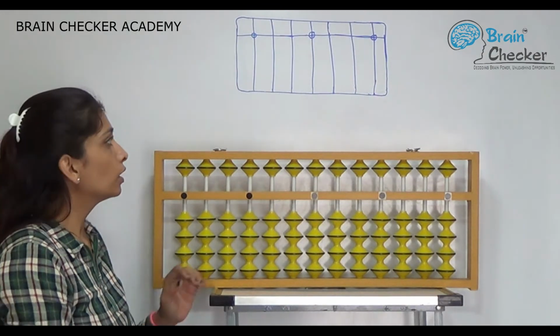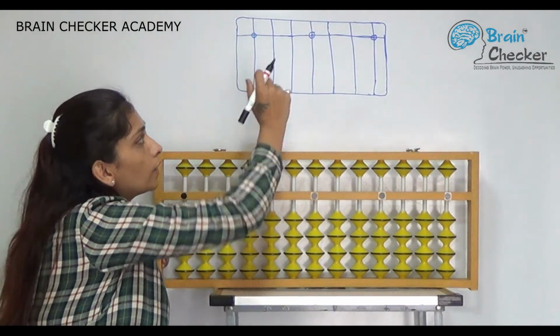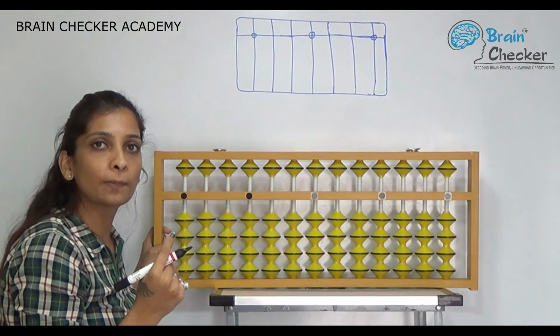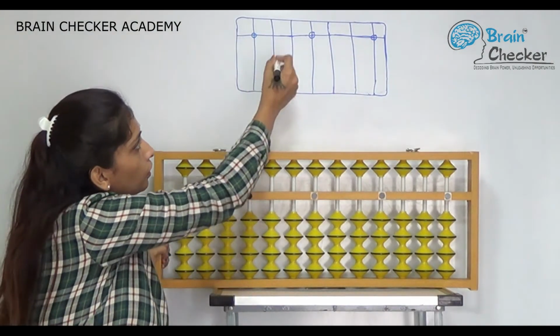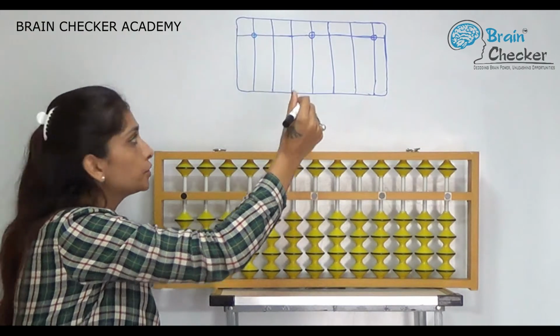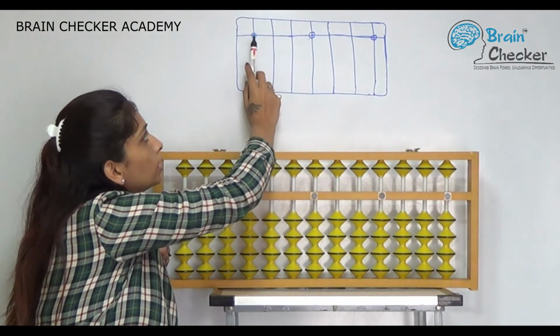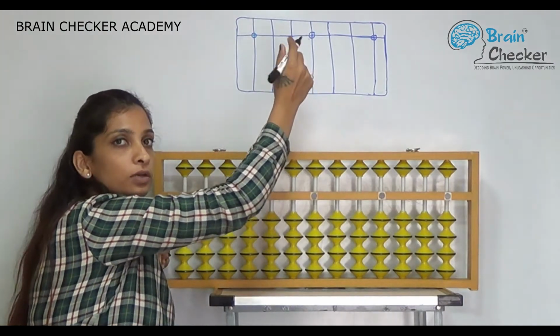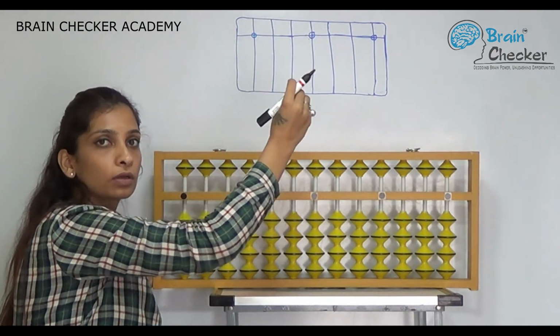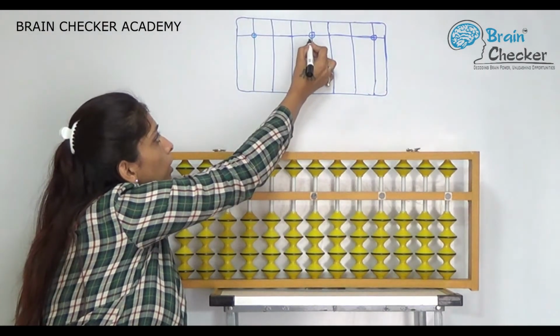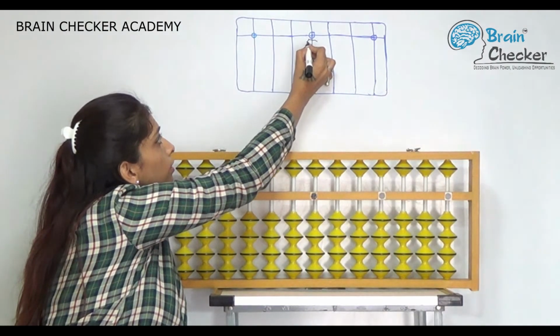Now, for example, if I have to show the number 1 on this drawn abacus, how will I show it? Because this is the house pointer, which is the unit rod, and I have to show the number 1, what will I do? I'll draw a bead here.